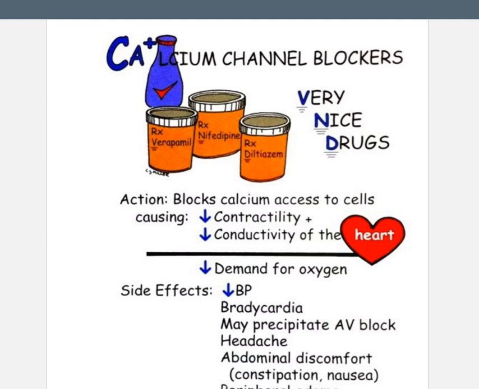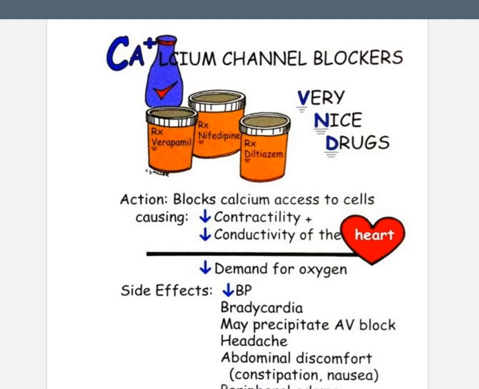So side effects could include dizziness, flushing due to that vasodilatation, peripheral edema, and we really watch out for severe hypotension. That's probably one of the biggest side effects that we can see with our patient. And so if you already have a patient that has a low heart rate, you want to be very careful to really think about whether or not you want to give a calcium channel blocker.